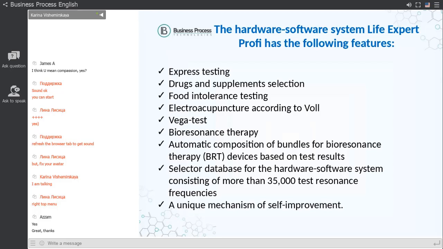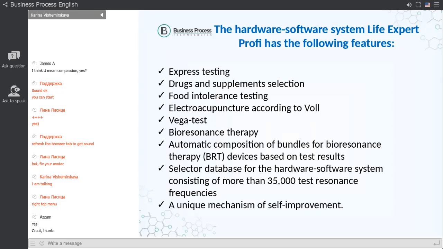Life Expert Profi device can be used in both modes, which is Life Expert for private persons. It's more for people who are not doctors, who don't understand anything about medicine, about doing express testing, about bioresonance testing, who only want to do rapid tests and to see briefly their results. And Life Expert Profi gives us much more opportunities and has much more different features.